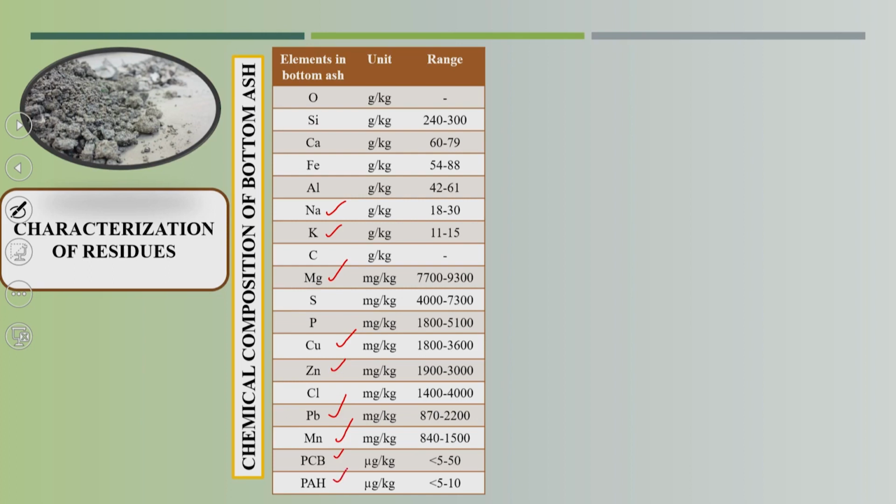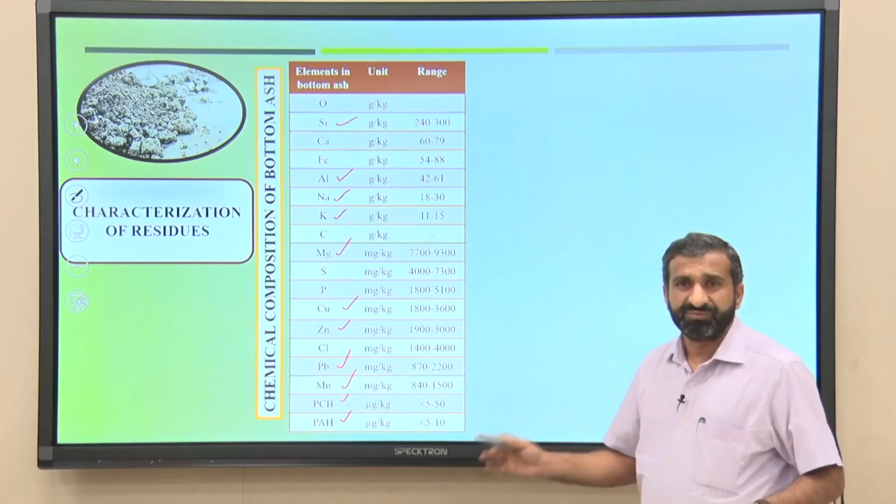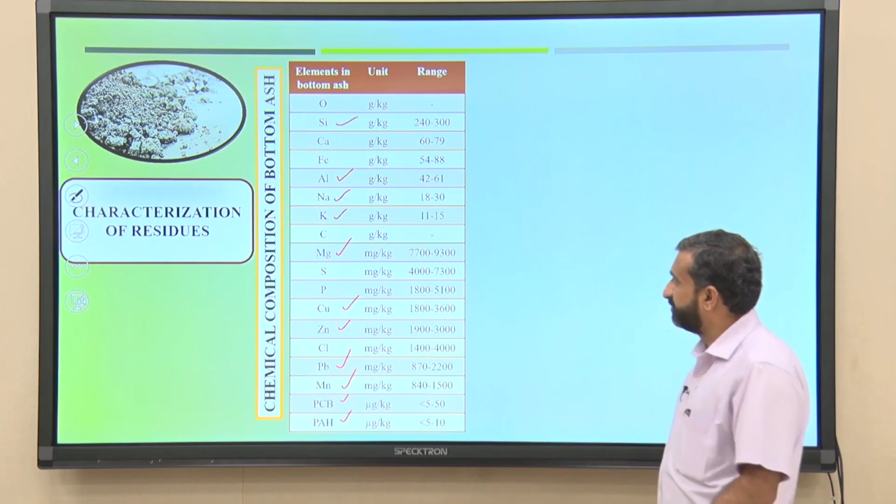Aluminum is there, silica is there, so because of these it could be useful as construction material, but some kind of treatment is required before it is utilized.